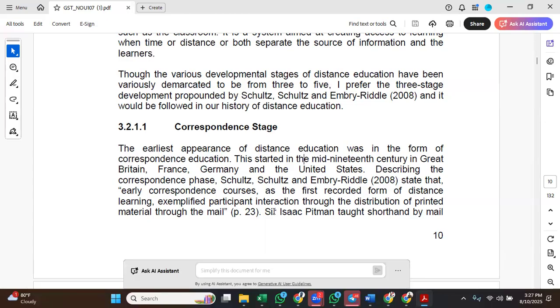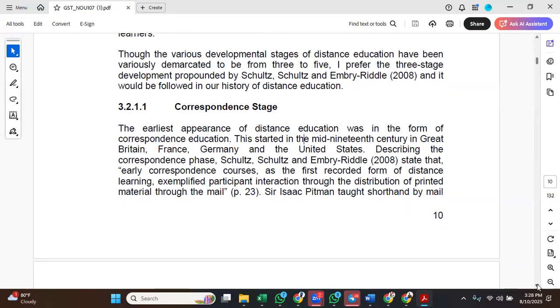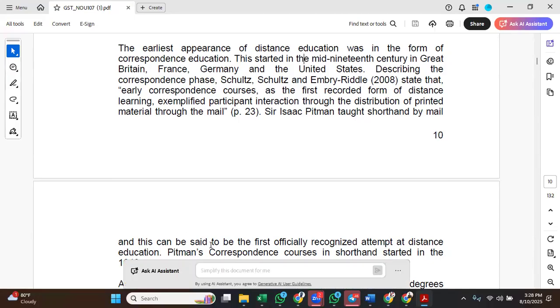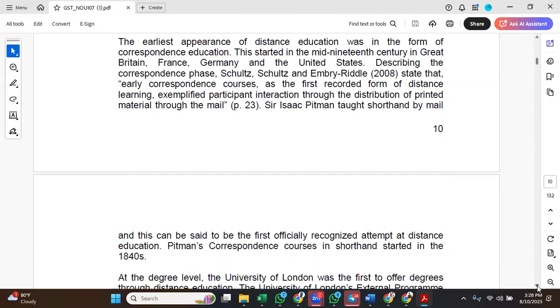Now, there was a man then whose name is Isaac Pitman. Those of you that did shorthand in secondary school, you know Pitman is the man who brought about shorthand writing and the rest of them. So Sir Isaac Pitman taught shorthand by mail, and this can be said to be the first officially recognized attempt at distance education. Please, this statement is very important.